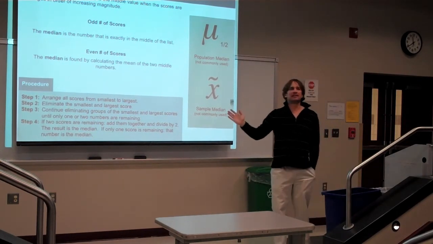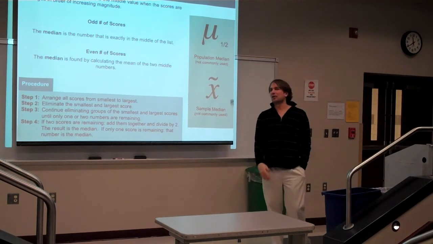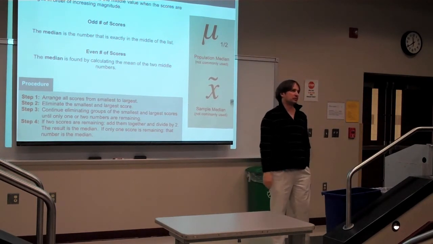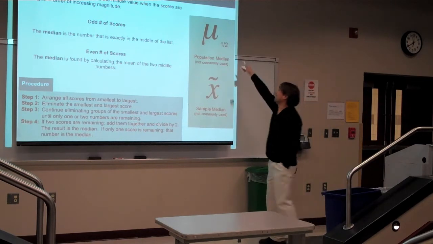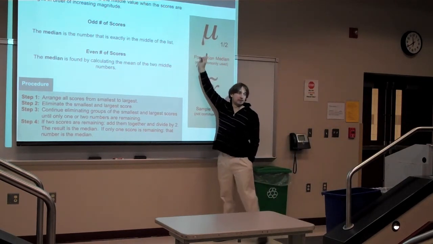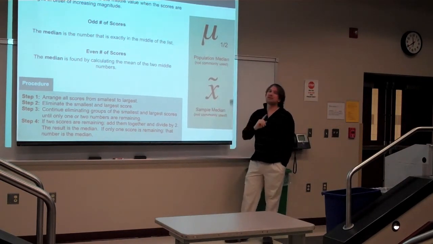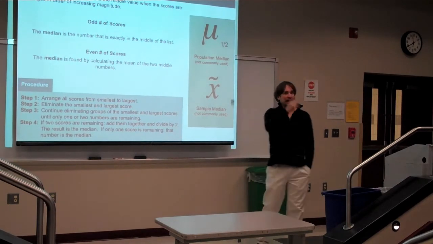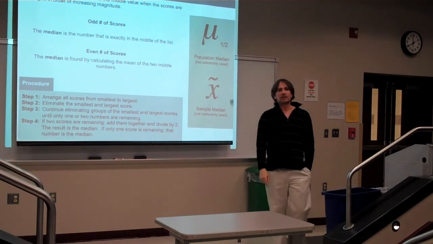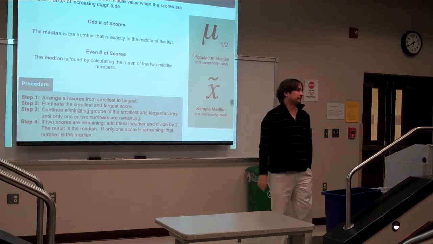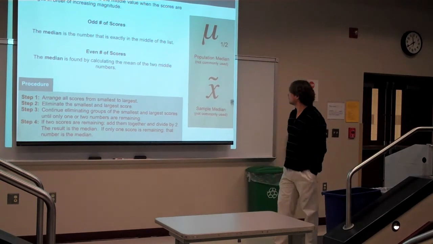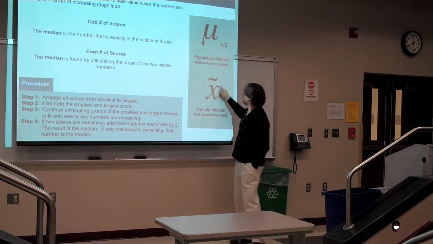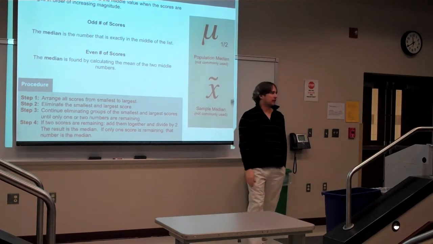I've never seen it out in anything other than an educational institution, so you will never see this from me. This, I have seen somewhat: X with a little squiggle above the top for the sample median. So, if you see this from me, it will be like this anyway.